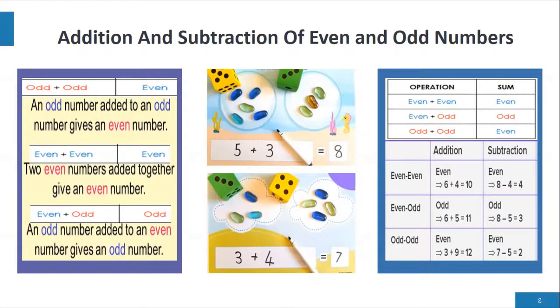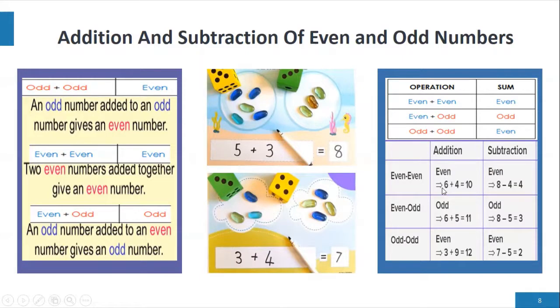So whenever we add two odd numbers, it will give you an even number. 3 plus 4. 3 is an odd number, 4 is an even number. Whenever we add an even number and an odd number, the answer would be odd. So in addition, whenever we add even with even number, the answer would be even.